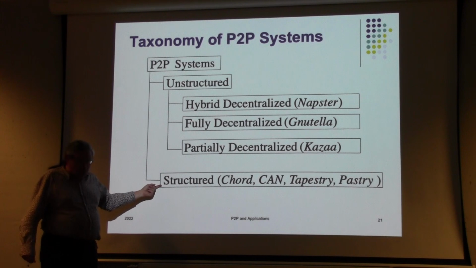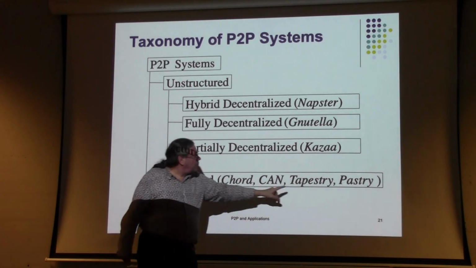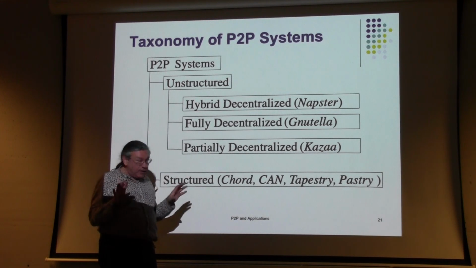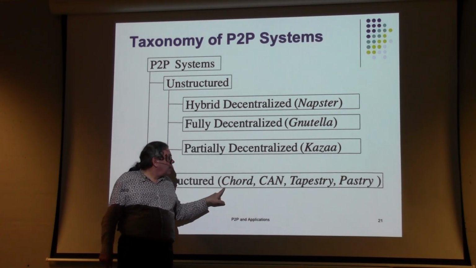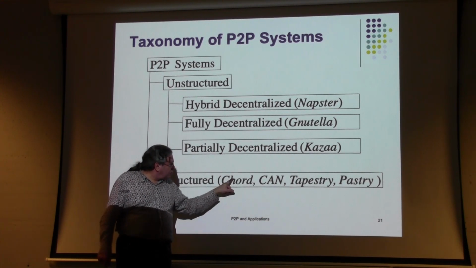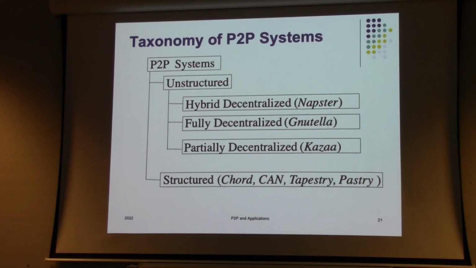And then you have the structured ones, like I just showed you. There's a whole bunch of them, but the principles are very similar, so I'm only going to show you this one, Chord, and then an evolution of it called Kademlia.